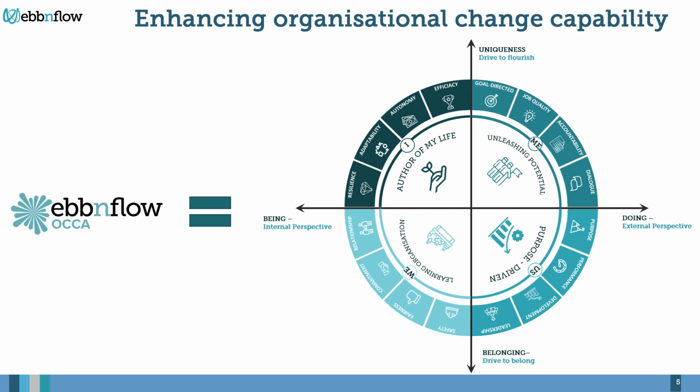And the framework contrasts the perspective that people want to be treated as unique individuals, this uniqueness and drive to flourish, against their drive to belong to something bigger than themselves. And this is the vertical arrow here.